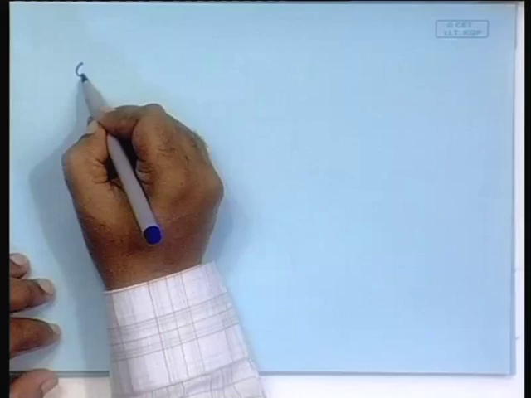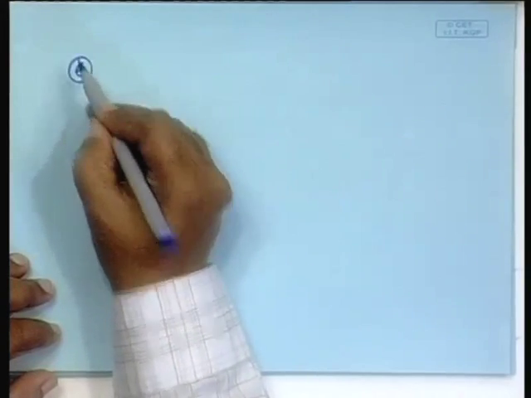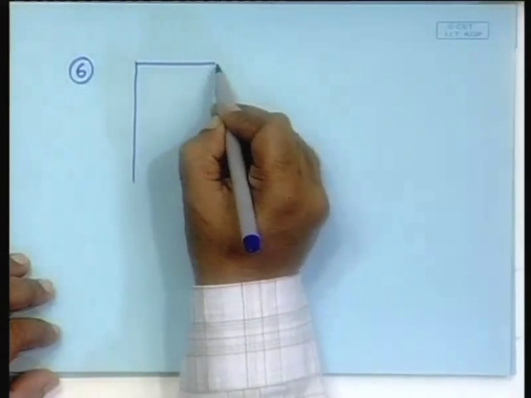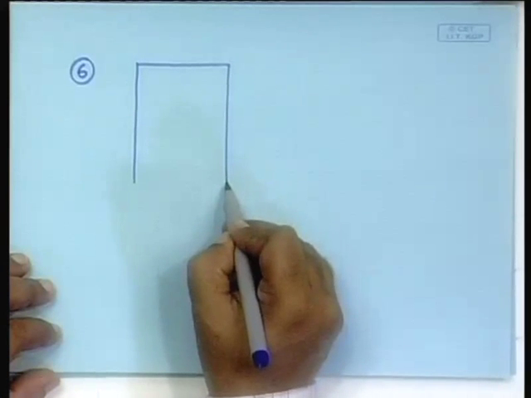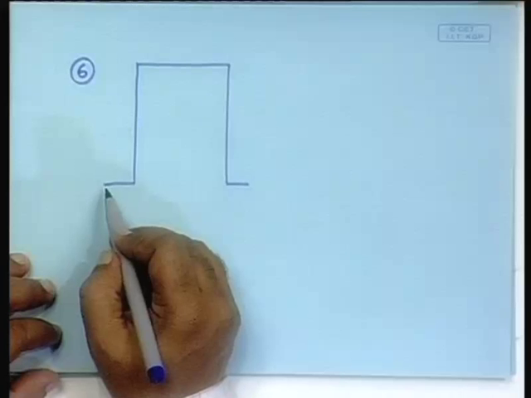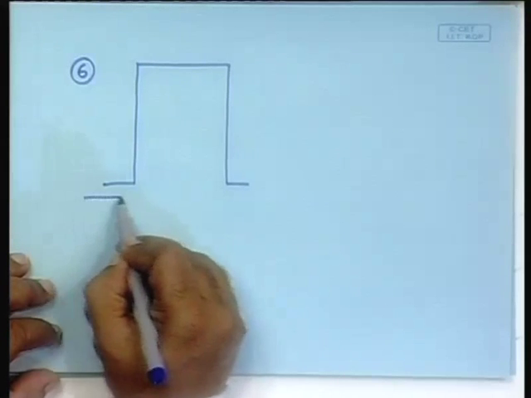The sixth problem is, ever seen a seismograph by which the ground oscillation is measured? So, it is a similar kind of device.